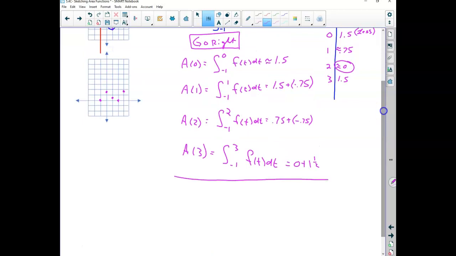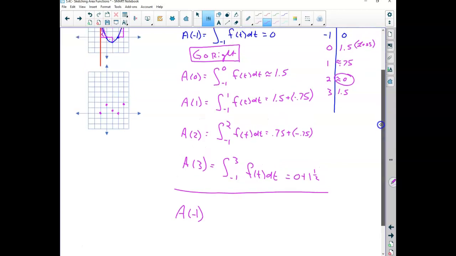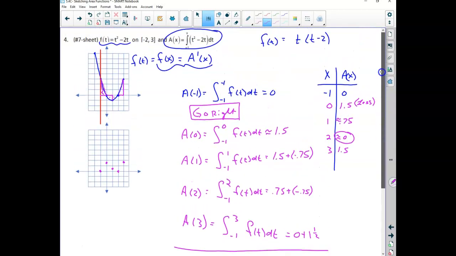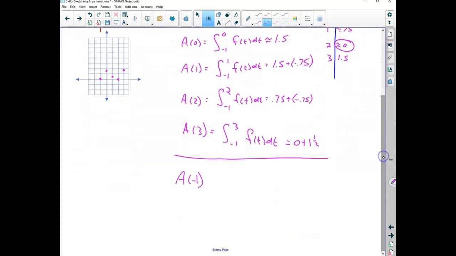Okay, so now when I go left, I need my a of negative 2, excuse me. We already found negative 1. So that's going to be negative 1 to negative 2 of f of t dt. Well, that's going to equal my starting at 0.